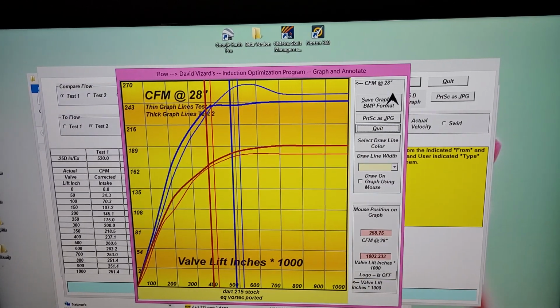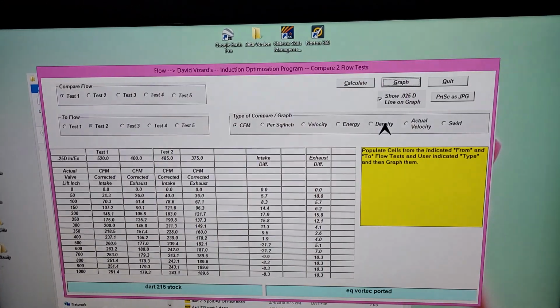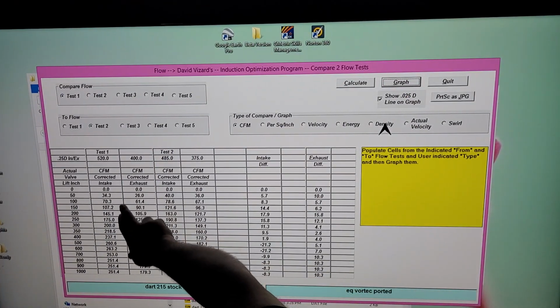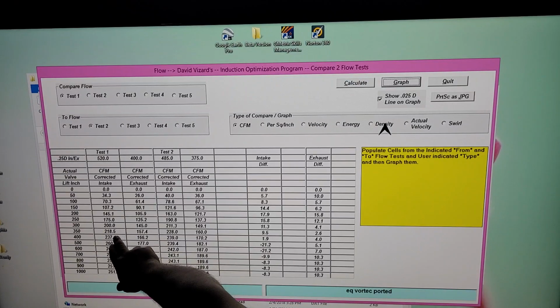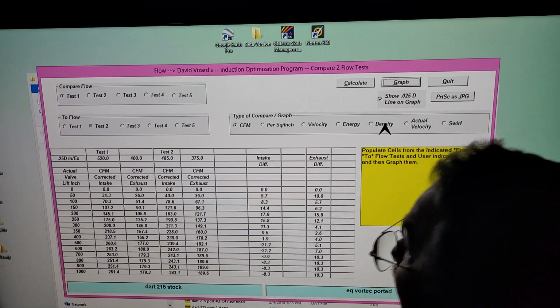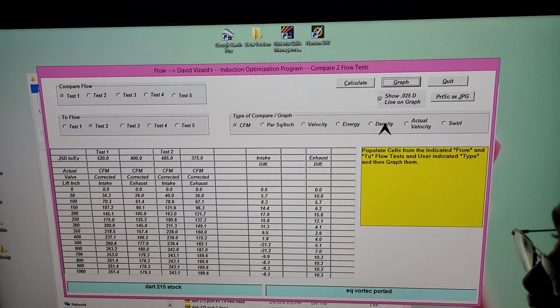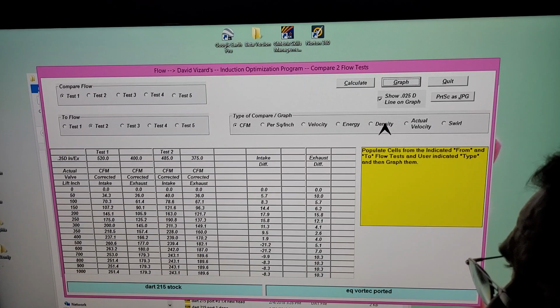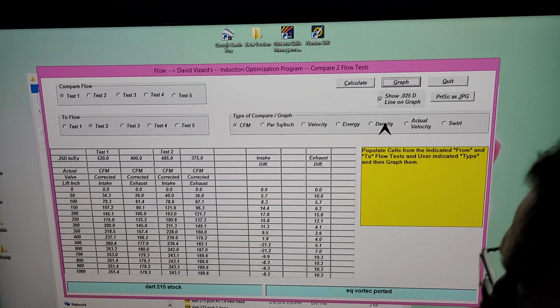Let's take a step back. Where was I? 218, 228. That's by 10 CFM with a way smaller port. That's a 215 versus a 166. I'm sorry, 166 is stock.